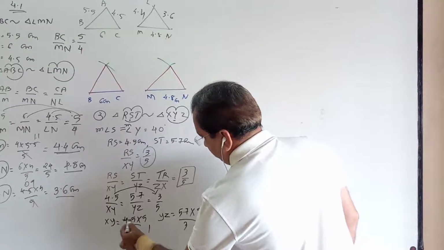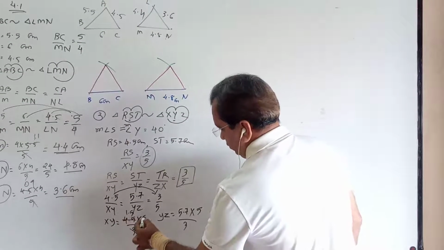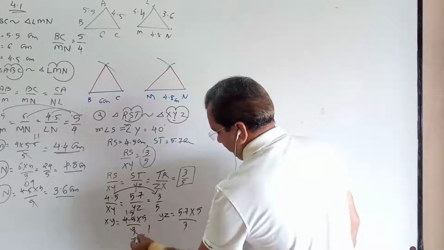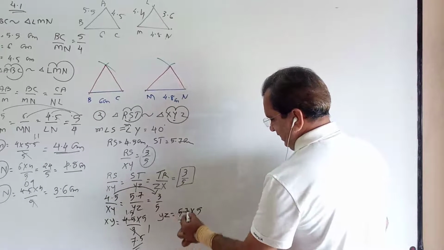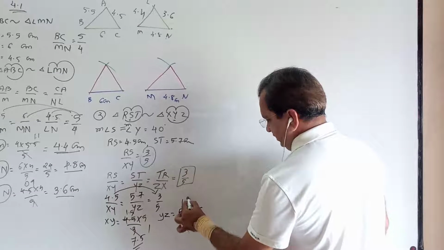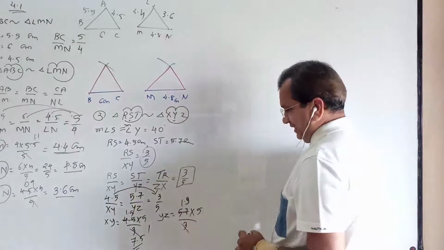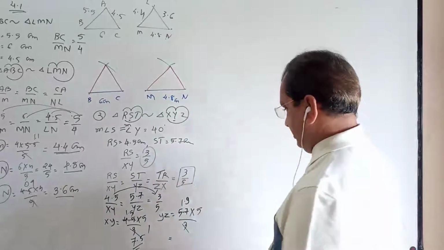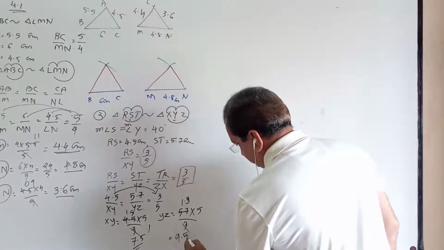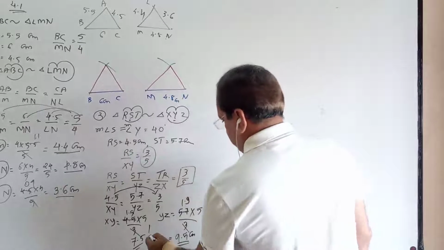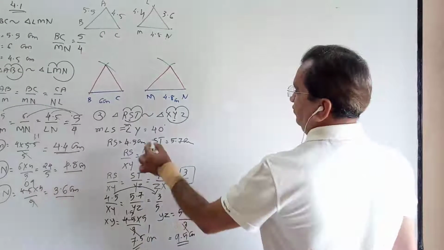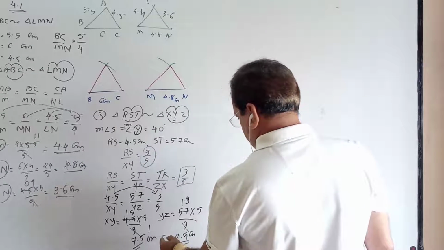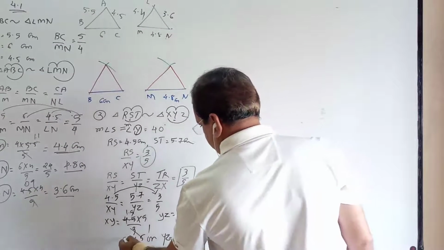So 15 threes are 45 and 15 fives are 75, so decimal always 7.5. 19 fives are 95, so 9.5. Now we have angle Y, YZ, XY.